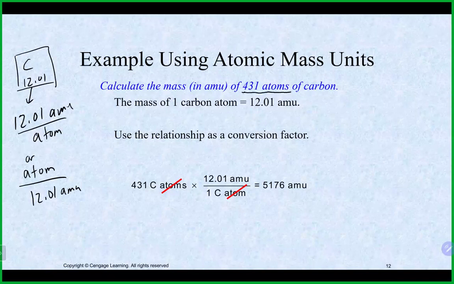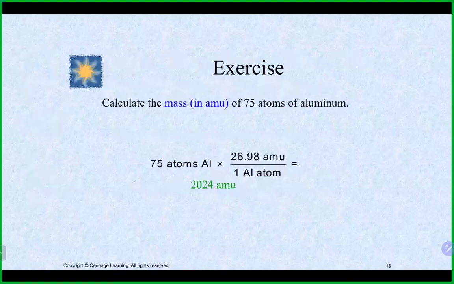So we would take our 431 carbon atoms and set up dimensional analysis, just going opposites cancel like we talked about. Atoms on top means atoms need to be on the bottom, which would give us an atomic mass for those of 5176 AMU, which to most people is, I don't want to say a useless unit, because we don't think of mass in terms of AMU, but you could figure it out in terms of that.